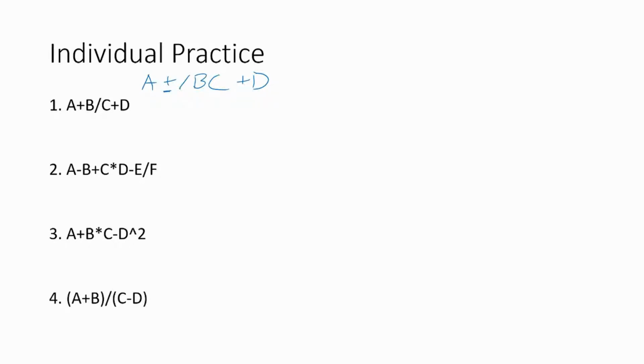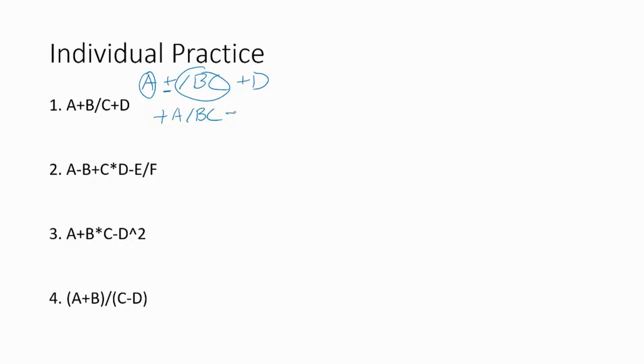So now, what is my first operand? The A. And my second operand? This division by B and C. So I put the plus in front, my first operand, and then my second operand. Awesome.